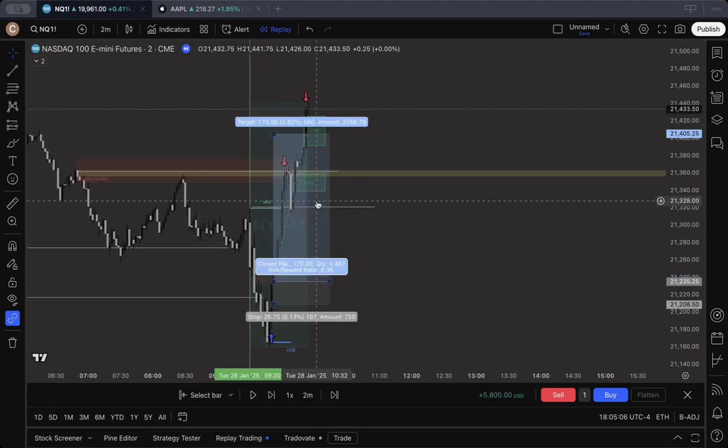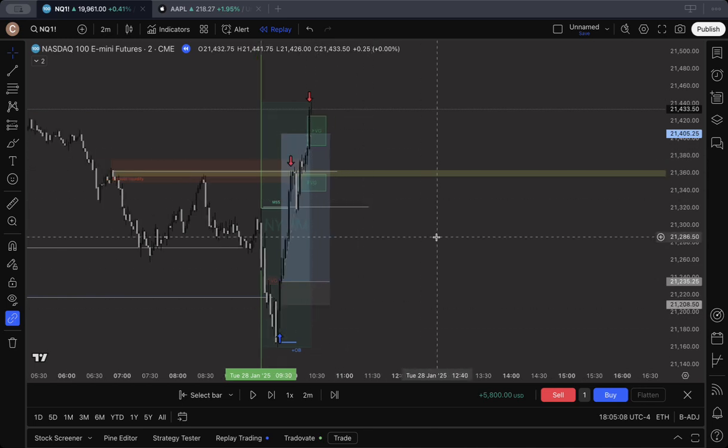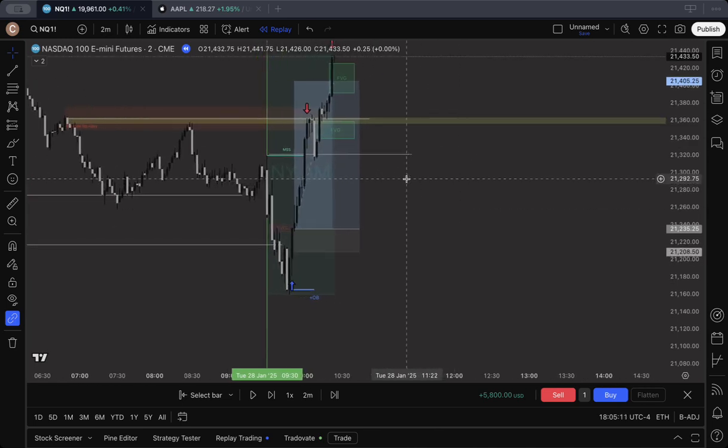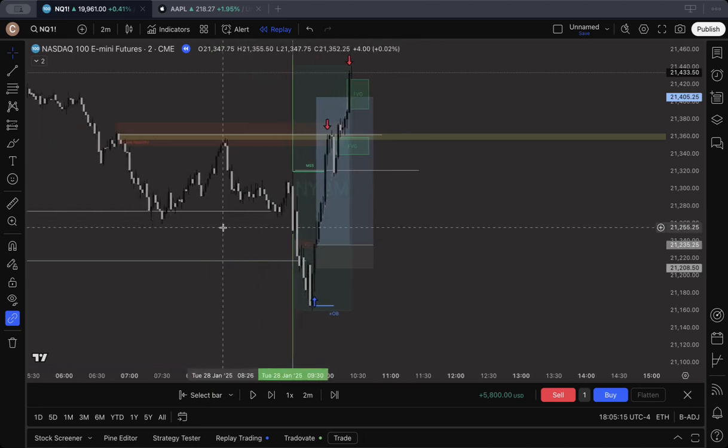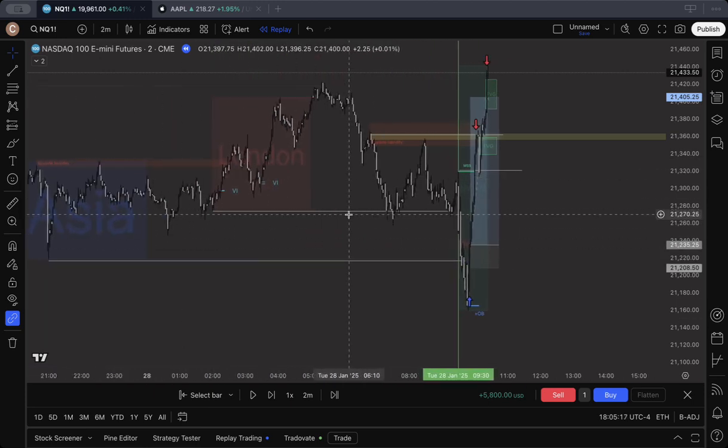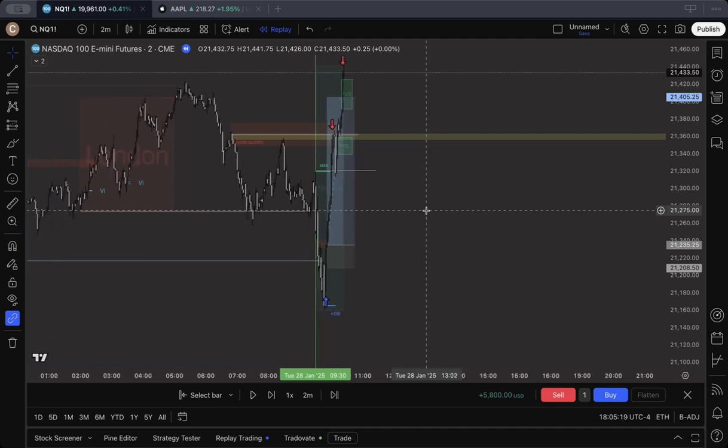From what it looks like, order block didn't really hold there. Again, that was pretty much technical, all pretty easy trade, right? Like I said, session lows, always a good target.